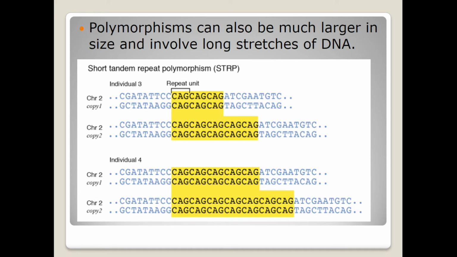Individual number 3. Here are presented chromosome 2 copy 1 and chromosome 2 copy 2. What does it mean? It means that one chromosome copy is, for example, from the mother and the second chromosome copy is from the father, and both parents give different variations.